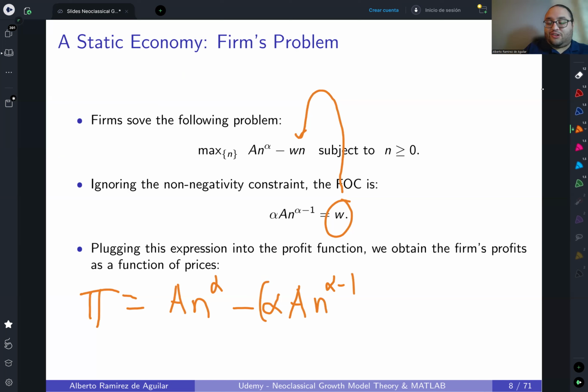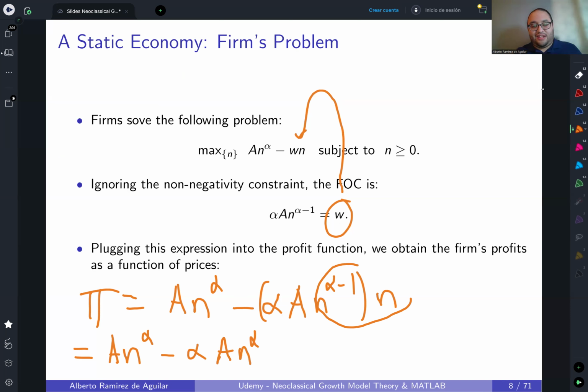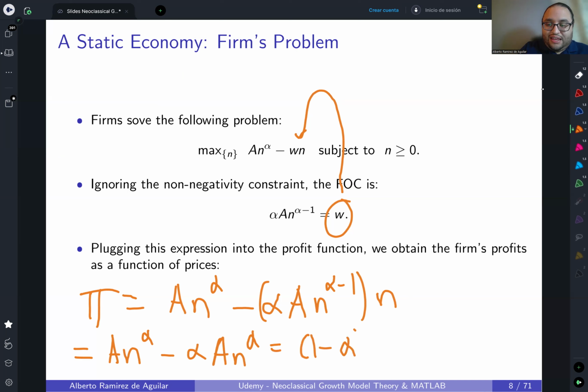So this whole thing is W multiplied by N. And this is going to be A n to the alpha minus alpha multiplied by A n to the alpha, because these two things here become n to the alpha. So this becomes 1 minus alpha A n to the alpha. Okay, so this is going to be the firm's profits.